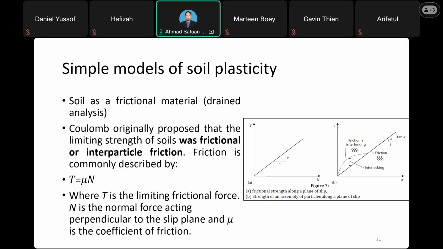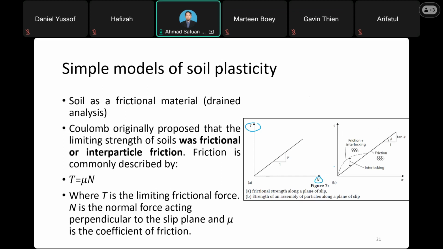So friction is commonly described by T equal to mu N. So this is T and this is N. N is the normal stress, while T later on is counted as tau.